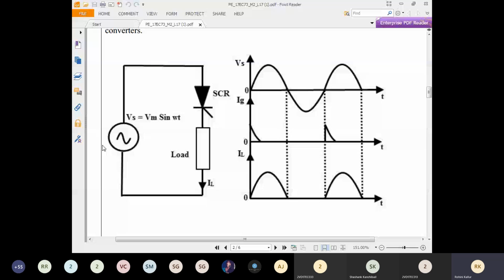When the device gets the applied input voltage, you will get the current. You can observe from the waveform that this is the IG pulse, the gate current, and note that the gate current is applied at exactly t equal to 0. That means as soon as there is a positive half cycle, your device turns on.